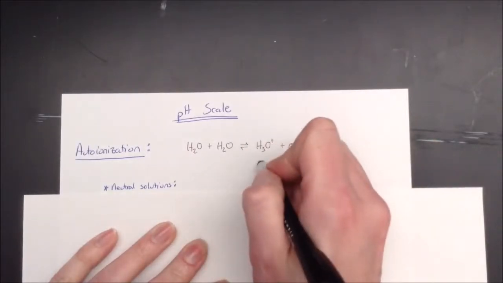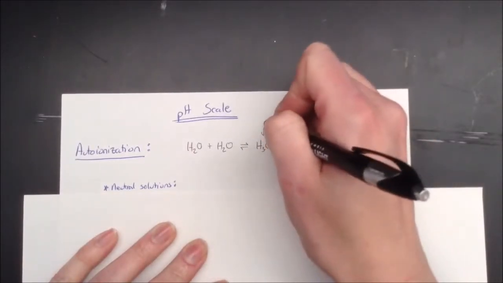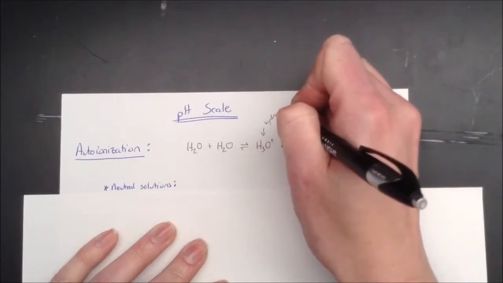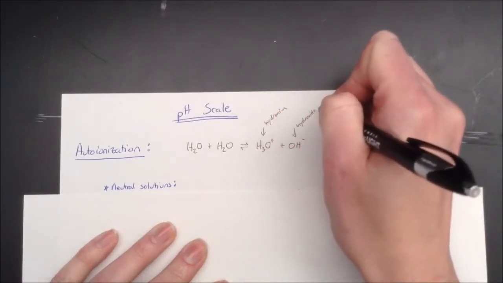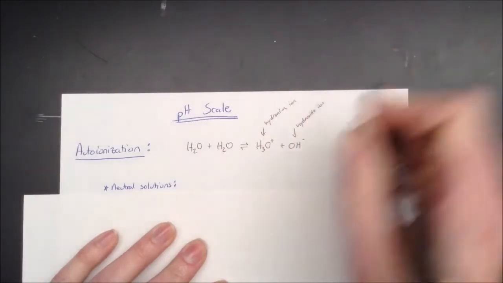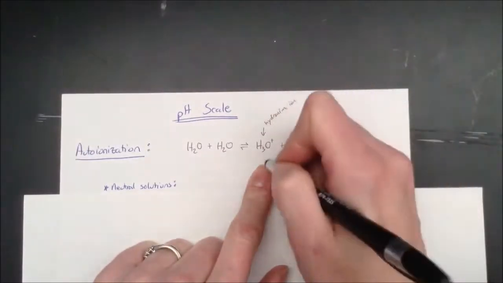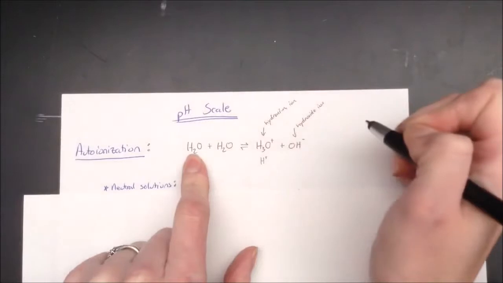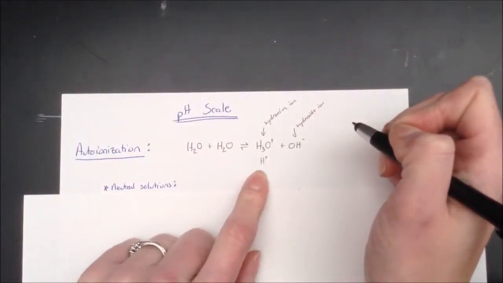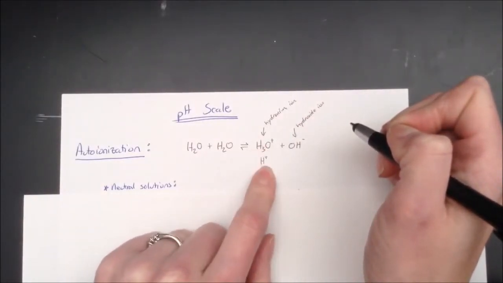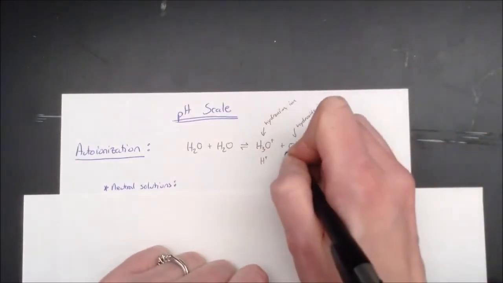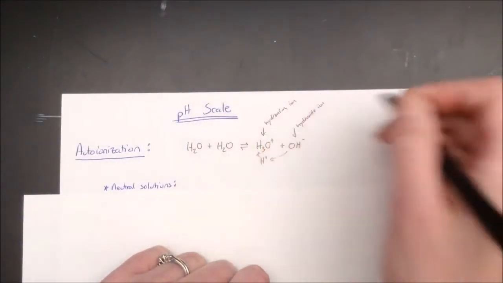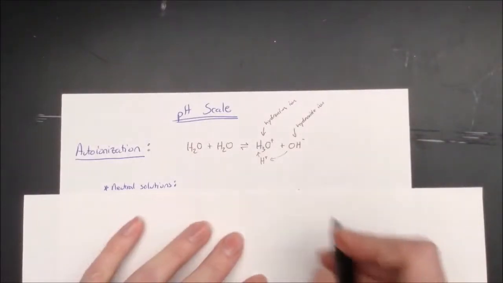Real fast, remember this is the hydronium, and this is the hydroxide ion. The hydronium comes because one of these guys loses an H+, and it's just floating around, and it sticks to this other guy, and so it becomes the hydronium ion. So it used to be attached to this guy, but it left, and it joined up over here.